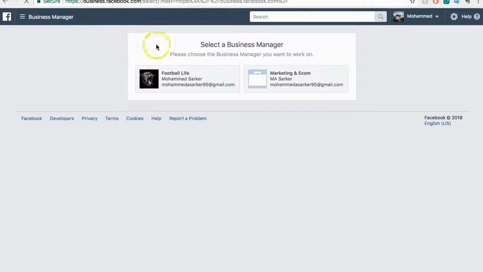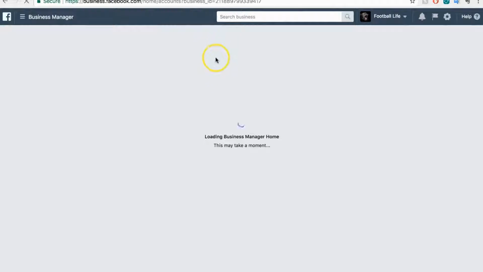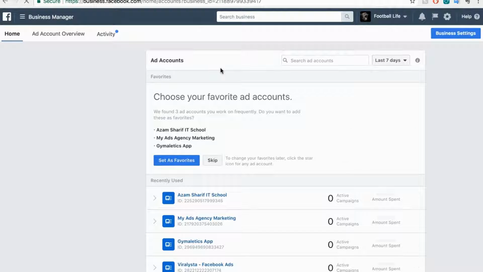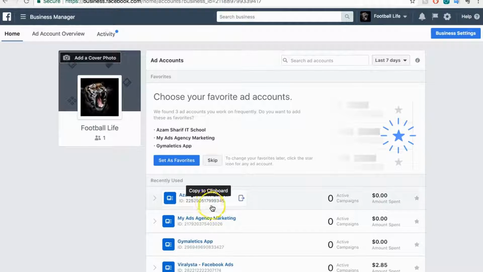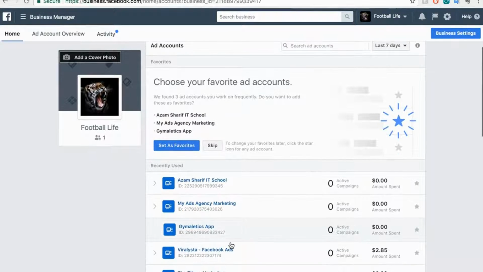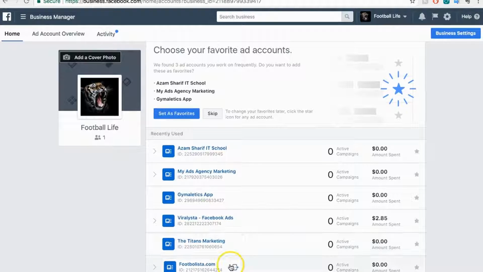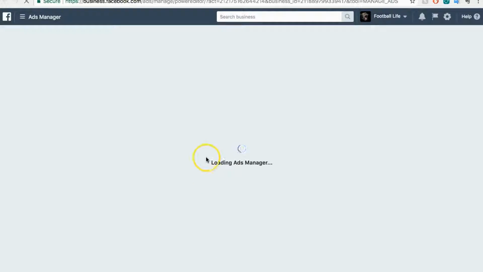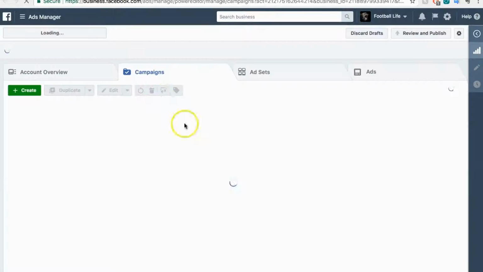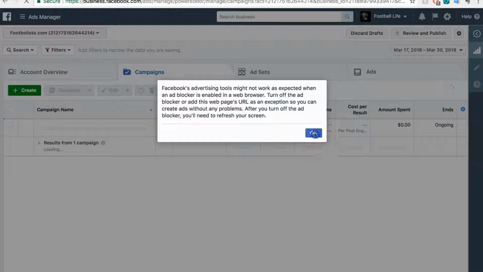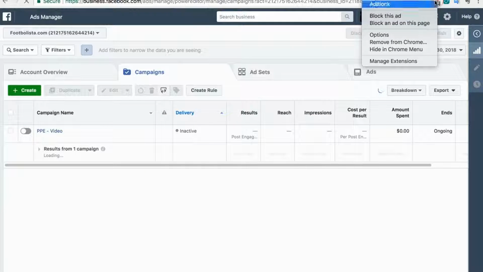After you select that, you're going to be able to create your Facebook account.